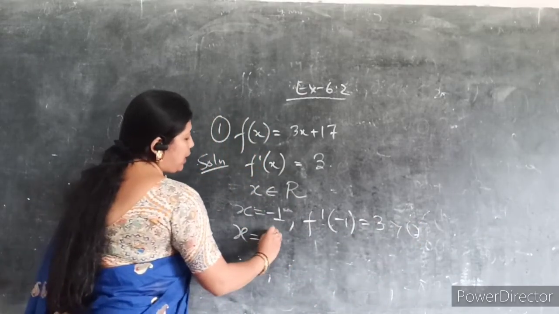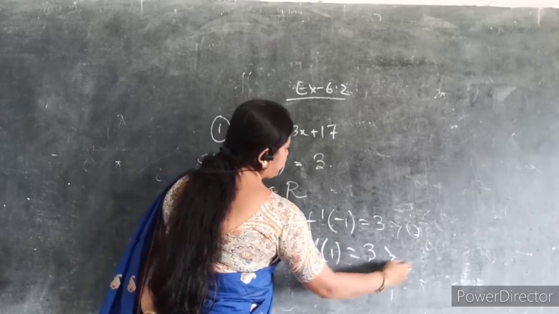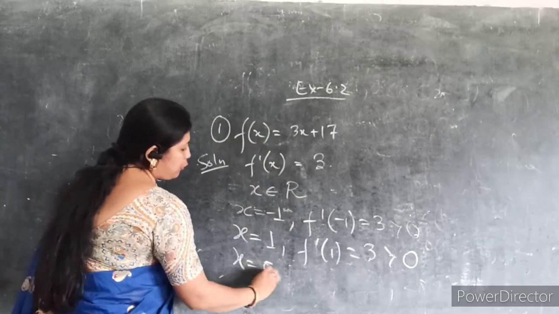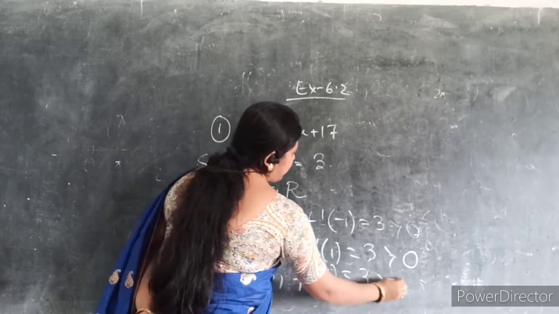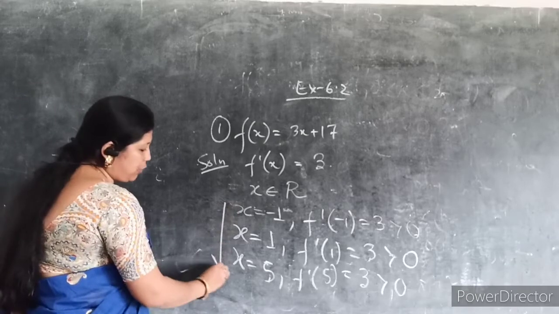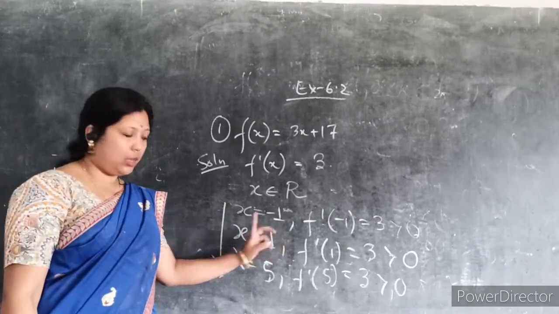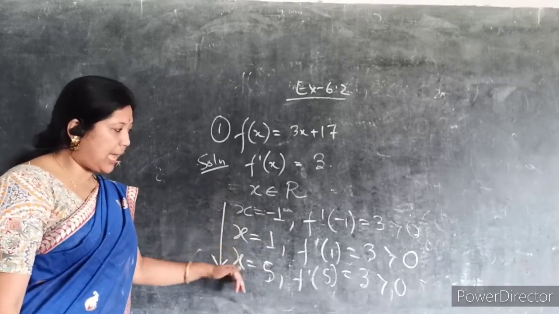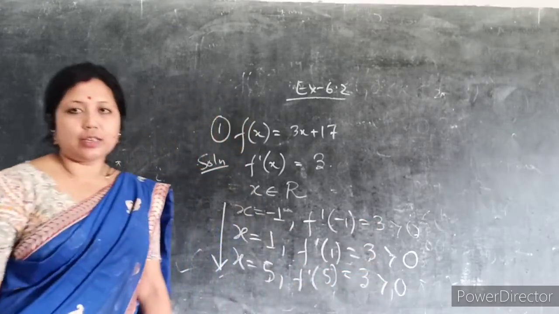If you put x equal to 1, you will get a value greater than 0. If you put x equal to 5 also, you will get an output greater than 0. That means while you are increasing the value of x, that is -1 is small, then comes 1, then comes 5, the output you are getting in every case is greater than 0.